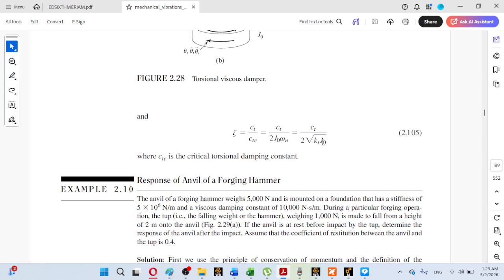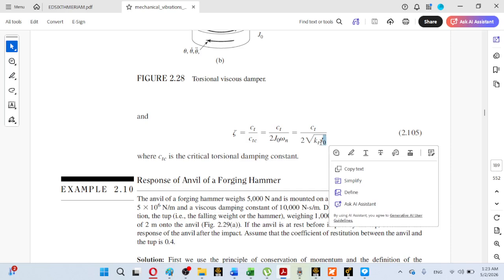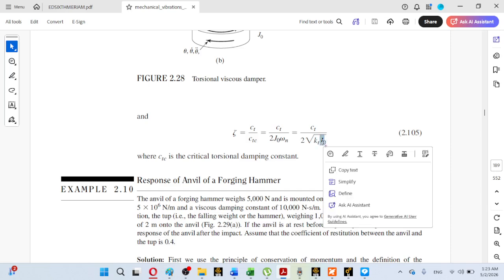And J naught, you know that the value for J naught is half m r square. So m is the mass of the rigid disc.